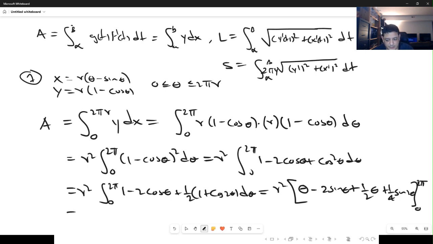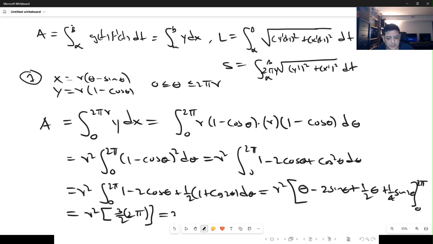So we simplify this out. This is going to be r squared times, we plug in 2 pi, and a lot of these things are going to go away. The 1/2 of theta plus theta is going to be 3/2 of theta, but at 2 pi, this is 3/2 of 2 pi, which is the surviving term, because sine of 2 pi is 0, and sine of 2 theta at 2 pi is 0, and plugging in 0 in all the others produces the same.